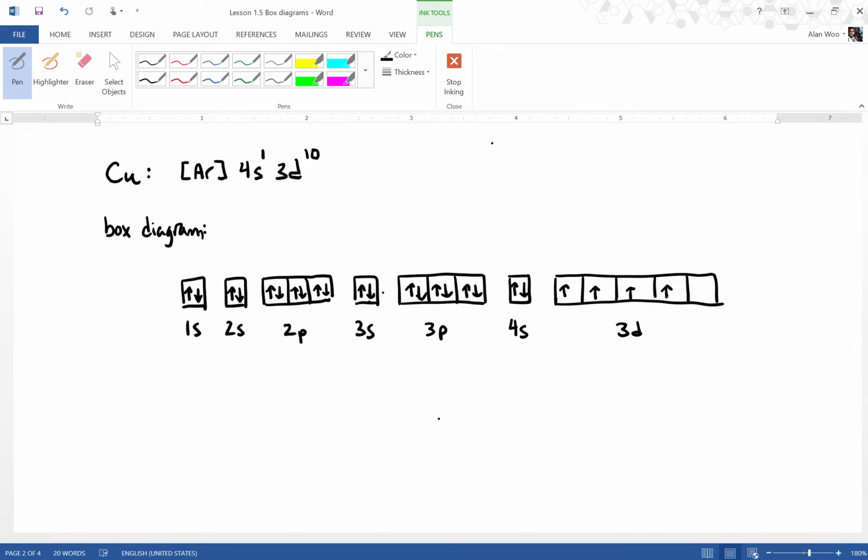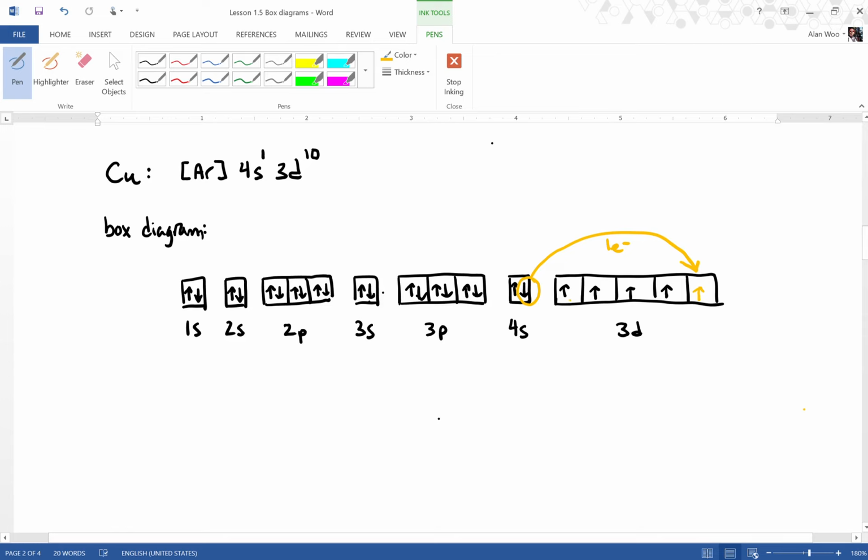But because copper is one of the exceptions, in order to make it more stable, I take one of the electrons in the s orbital and give it to the d, so that now the 3d sublevels have one electron in each and it is pretty much balanced.